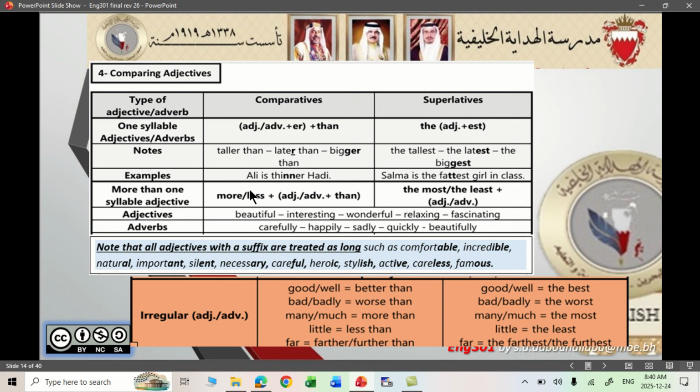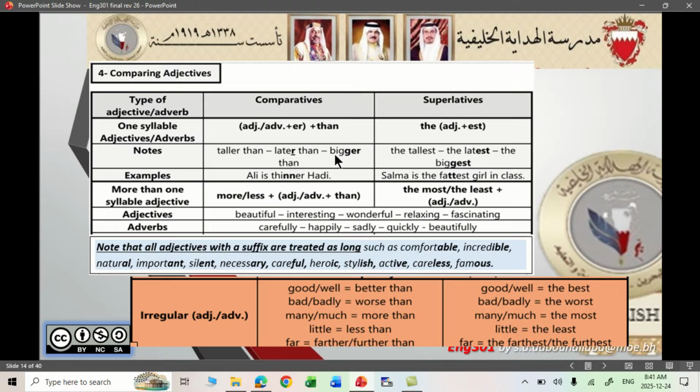So we have tall, taller than, late, later than, big, bigger than, and we have the tallest, the latest, and the biggest. And here we come to something about spelling. When we have an adjective ending in E, we just add an R, we don't have an ER.